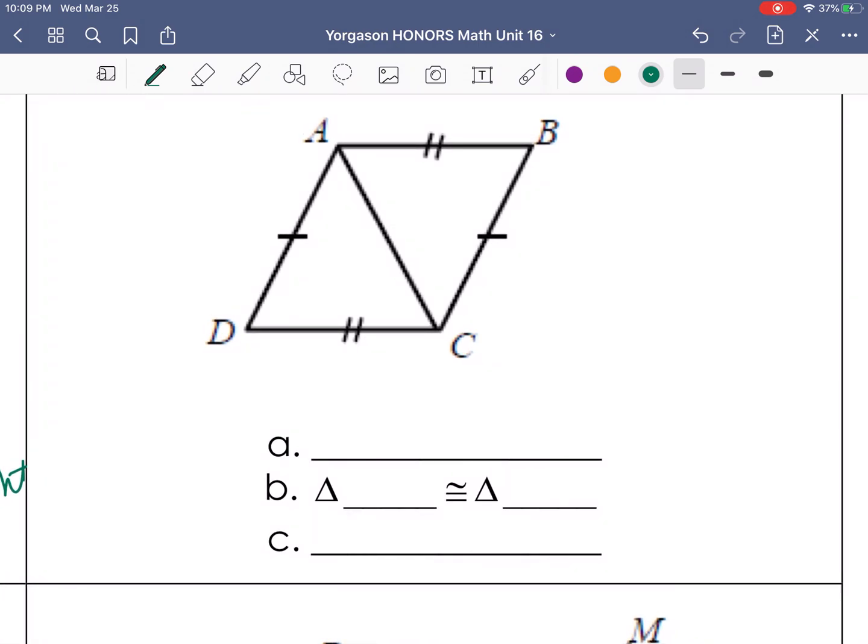This one is going to be yes for side, side, side, because they have that side in common, reflexive, right?